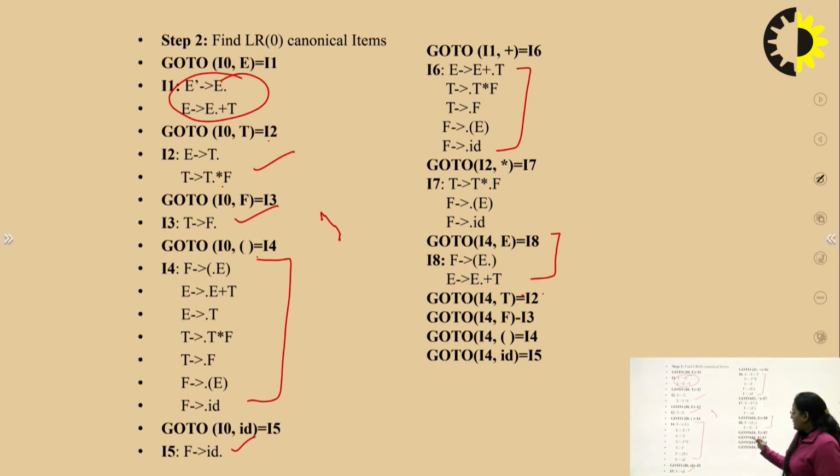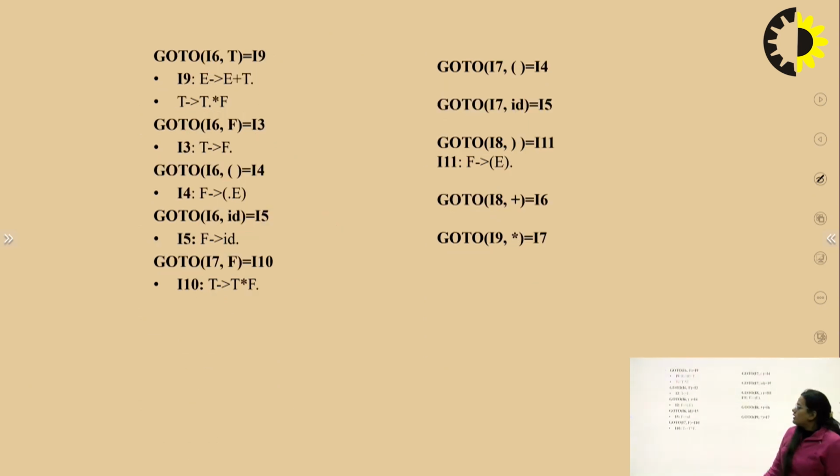Then I4 comma F is equal to I3, I4 comma open bracket is I4, and I4 comma ID is equal to I5. So the total closures will be I0 to I11.